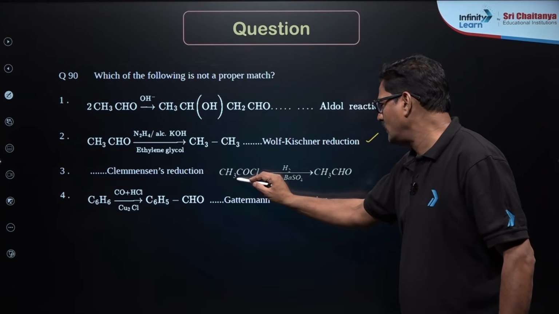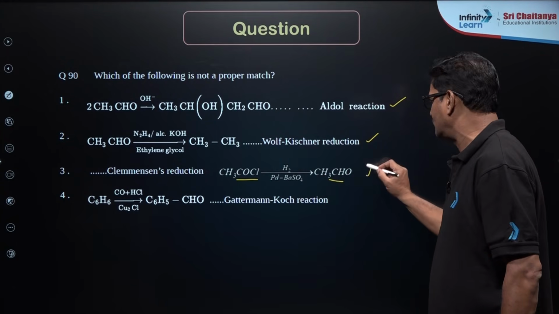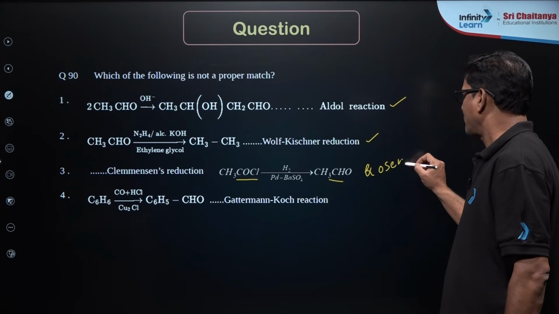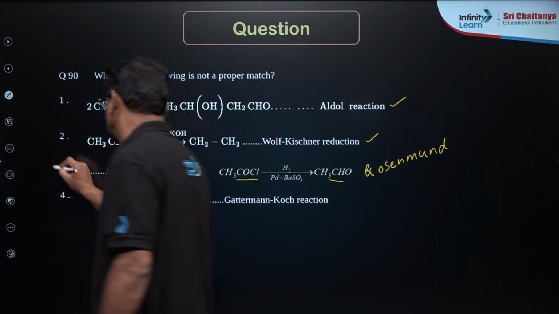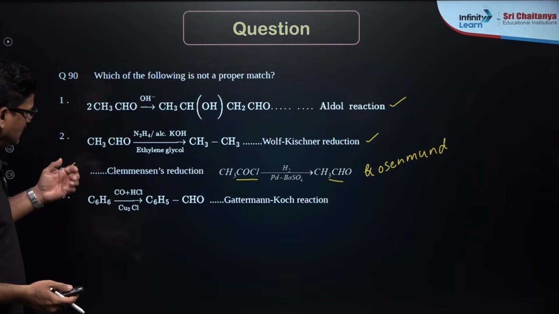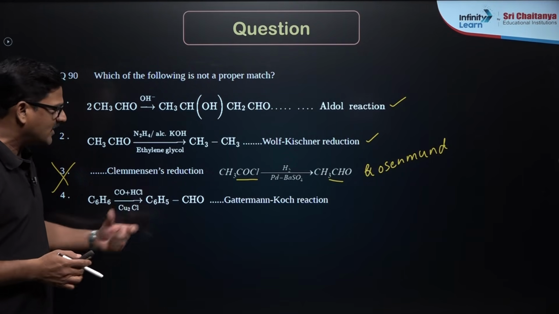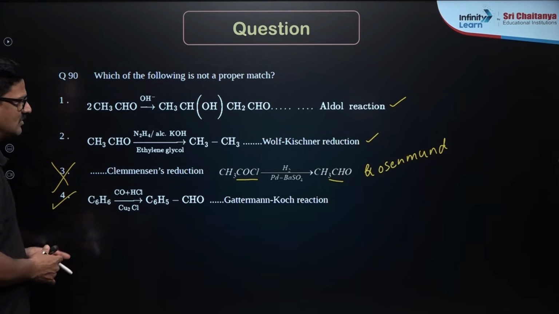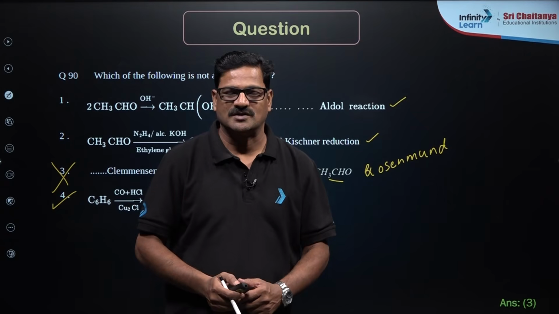And acid chloride is converted into aldehyde with Pd-BaSO4. This is Rosenmund reduction. This is a wrong match. And benzene, CO, HCl, Cu2Cl2, it is going to be the Gattermann-Koch reaction. This is correct. So, option 3 is the correct answer for this question.